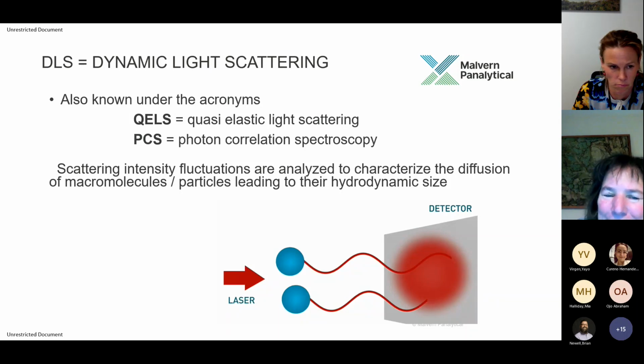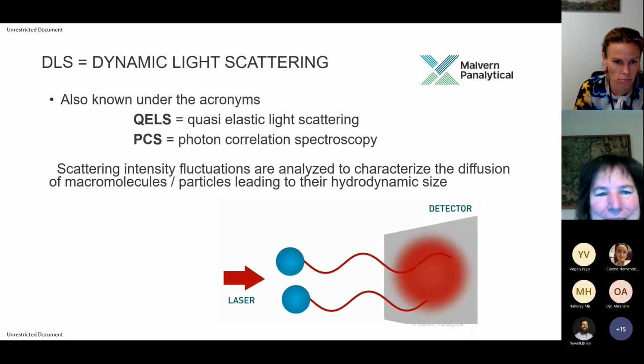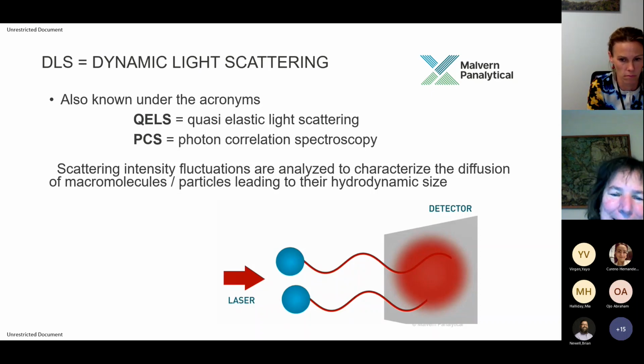And so another acronym is PCS. So again, whether people are talking about DLS, QELS, or PCS, at this point in time, we're really all talking about the same thing. And what we're talking about is measuring size based on the diffusion rate of macromolecules or particles as they move in a solution.